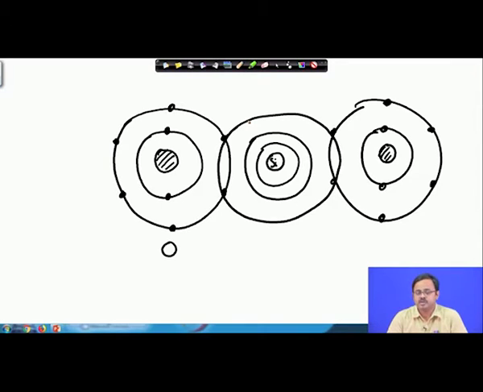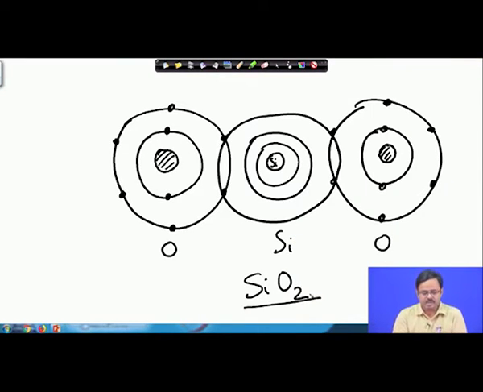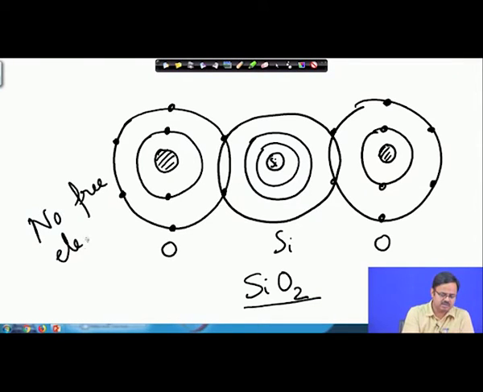What does it do therefore? It forms covalent bonds. This is O, this is silicon. It forms covalent bonds, and that is how you have silicon dioxide. But what does it mean? It means that there are no free electrons, and therefore silicon dioxide is not a good conductor of electricity.